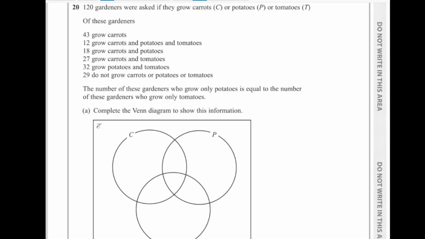Question 20. On the Venn diagrams, let's see what we can do for this one. 120 gardeners were asked if they grow carrots, potatoes, or tomatoes.